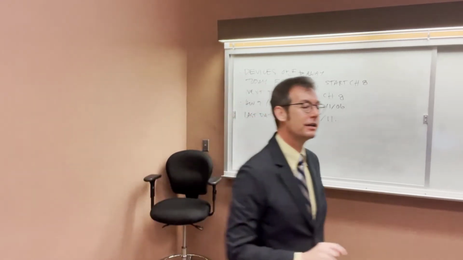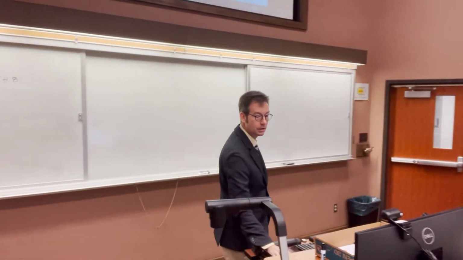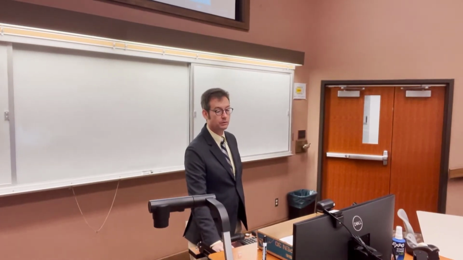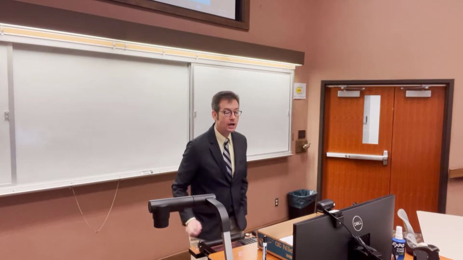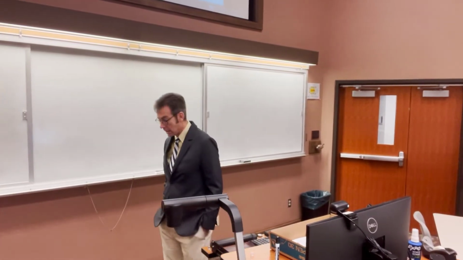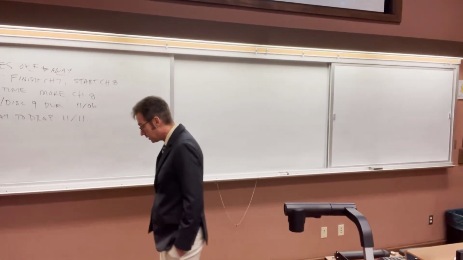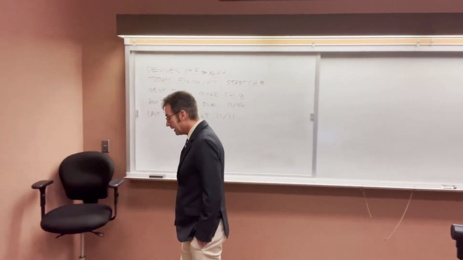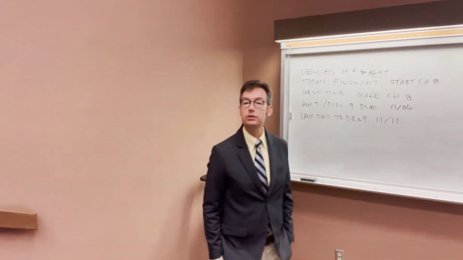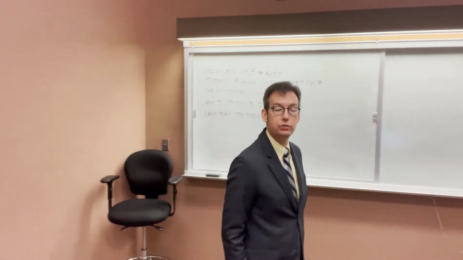IRR. Very good. And what button should we hit after that? Compute. Very good. So I'm getting an IRR for this one of 16.649%. If I were solely using the IRR to choose between these projects, which would I choose?